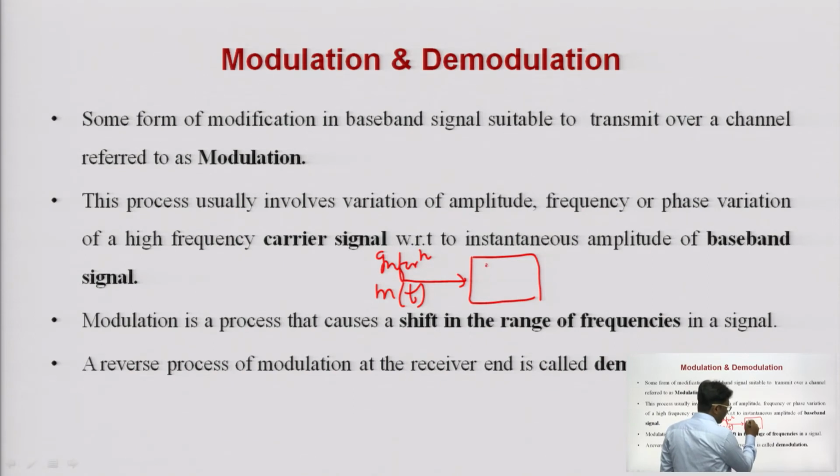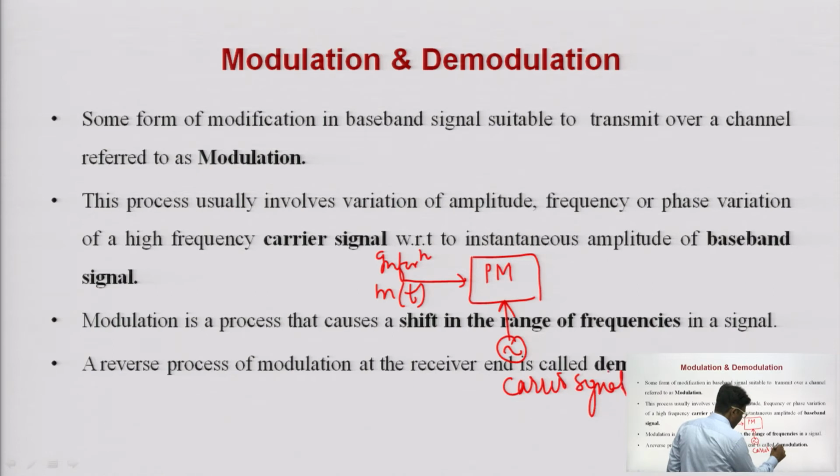I have a block which is generally known as a product modulator or multiplier, and there is another signal which is known as the carrier signal, and the output of this block is known as the modulated signal.